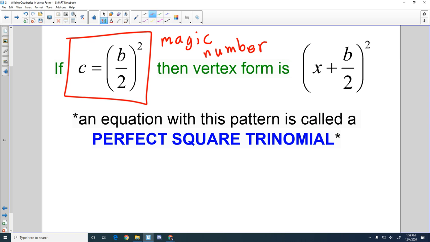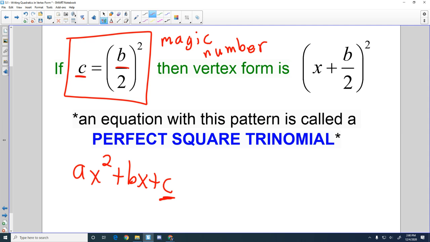So C, remember in standard form, C is the constant. That's that third number in the form ax squared plus bx plus c. And if C, that constant, is equal to half of b squared. Remember how I kind of showed that?